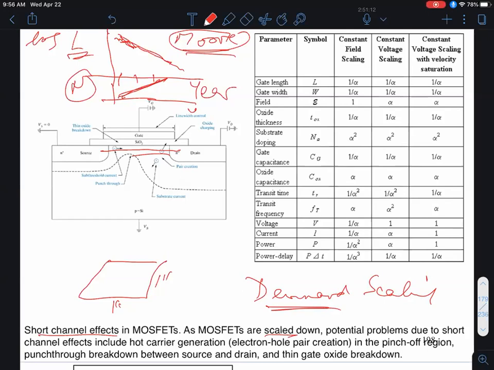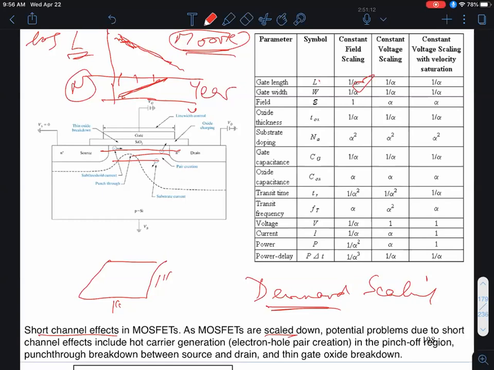He got all his degrees at SMU in Dallas, one of the gods in our field. So he came up with a so-called set of scaling rules which dictate how you reduce the channel lengths of a transistor by a factor of, say, alpha. Alpha maybe by a factor of 2 as an example. So I want to reduce my channel length L, say, from 2 microns to 1 micron, by a factor of 2 as an example.